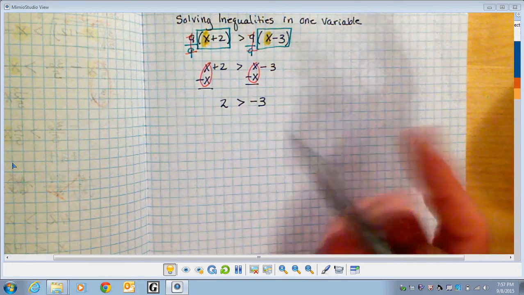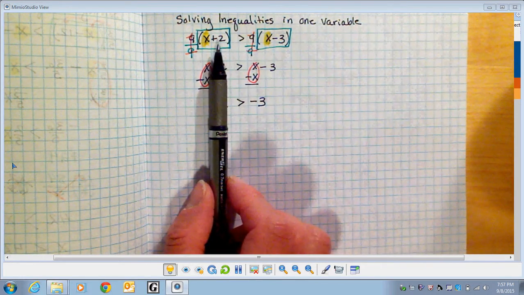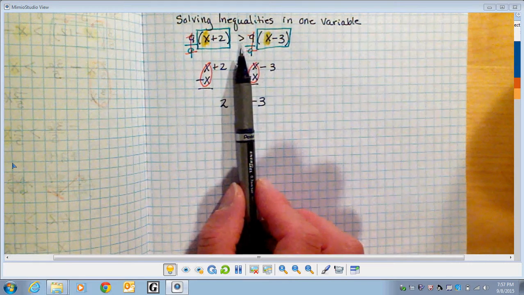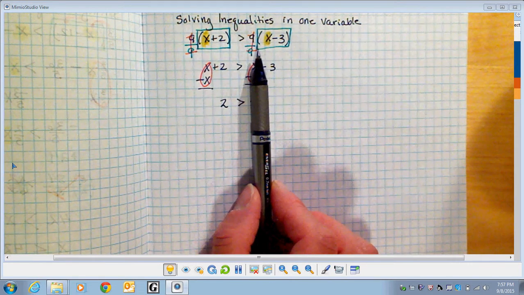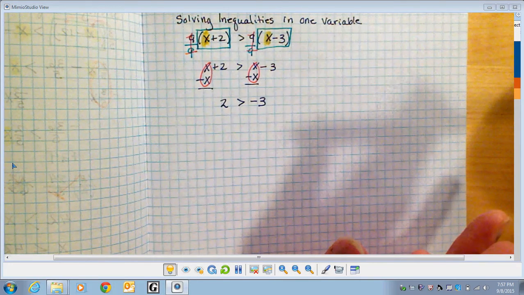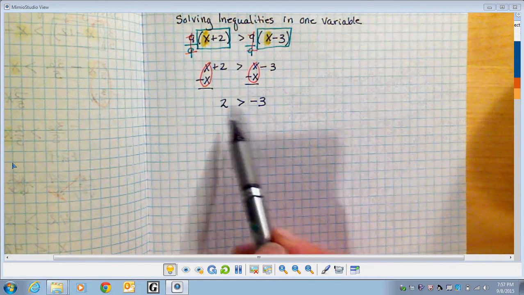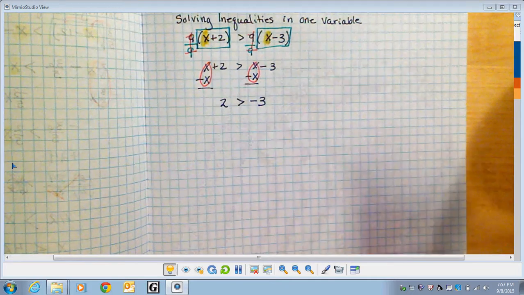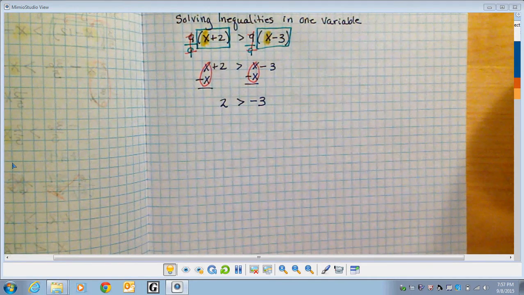It's okay because I have something on the left, I have my inequality, and I have something on the right. I didn't throw anything away. I did math and everything's fine. Let's see. What does this mean here? Okay, 2 is greater than negative 3.